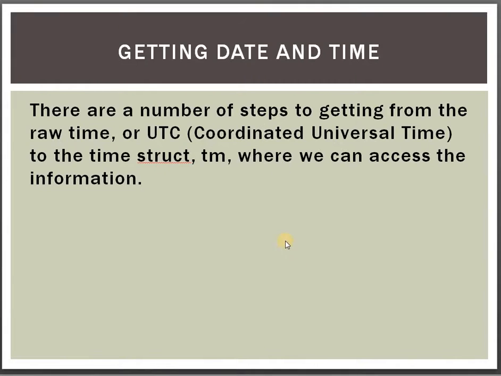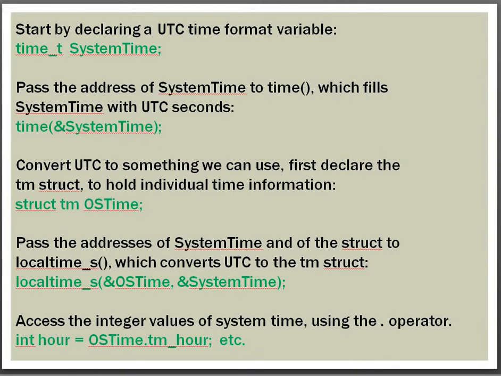So, there are a number of steps to getting from raw time, or UTC, Coordinated Universal Time, to the time struct so we can access the information. And here's what those steps look like. We're going to start by declaring a UTC time format variable, time_t system time.